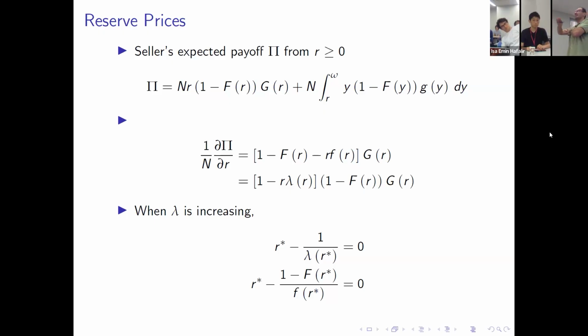So this is an extension of this one. My question is in between: the distributions are asymmetric, but one has to use the same reserve price for everyone.